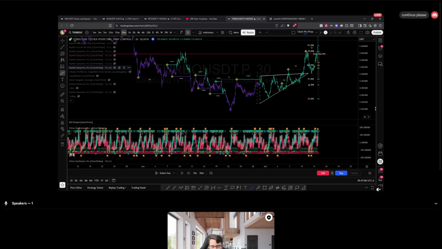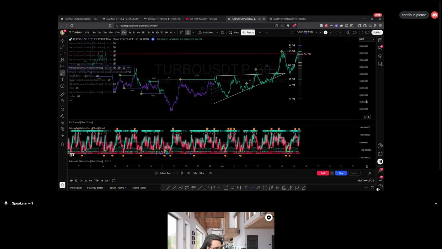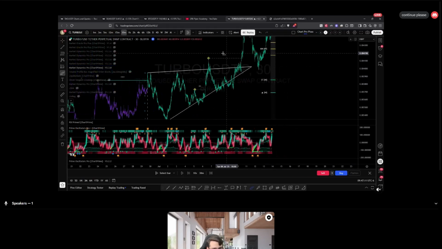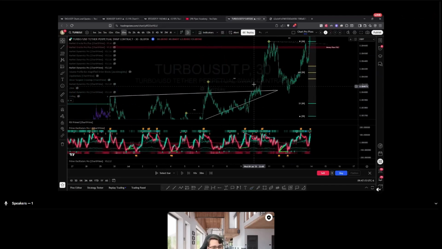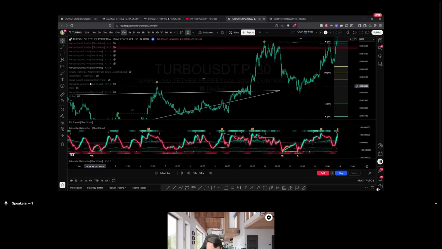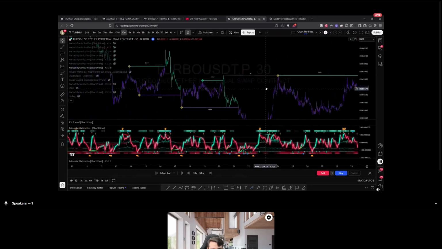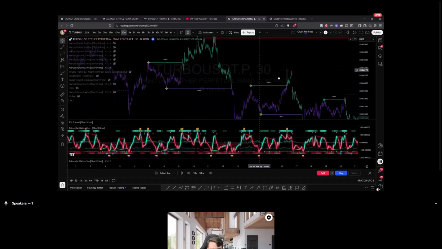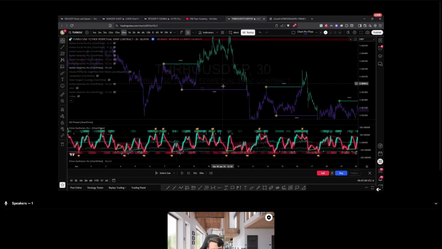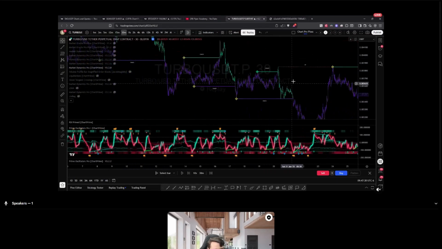Continue. Perfect. All right. Now that you understand what a break of structure, the BOS, and the change of character are, this is where you can start going for your buy-ups. So for me, as you can see, I could be buying the top with a break of structure. Let me show you an example of that. Change of character.